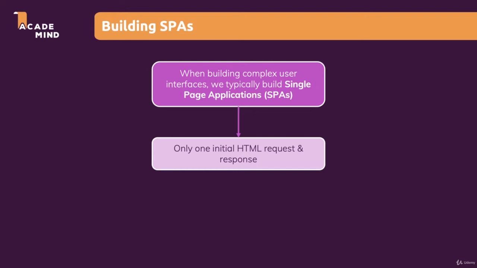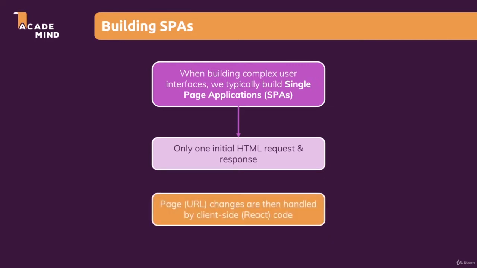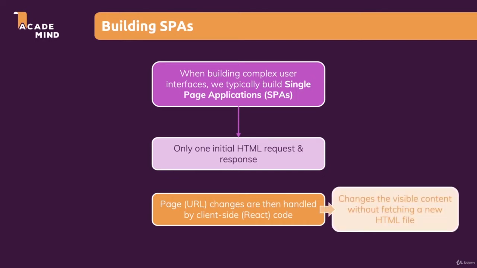But the good thing is that we can also take a look at the URL and manipulate the URL and that path after our domain with JavaScript. And we can therefore also write or use some client-side React code, which controls the URL and which changes what we see on the screen when that URL changes or when a link is clicked, without fetching a new HTML file.